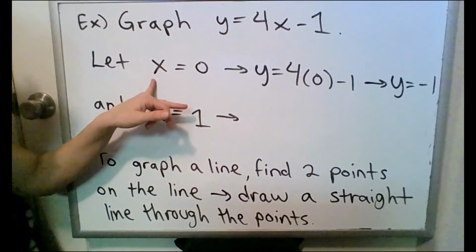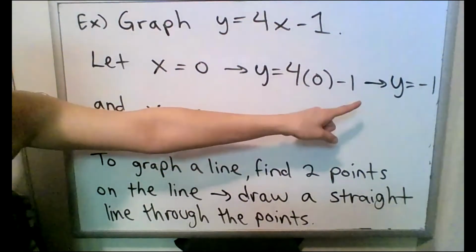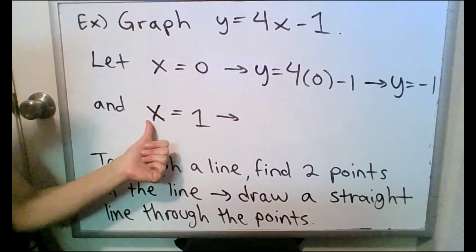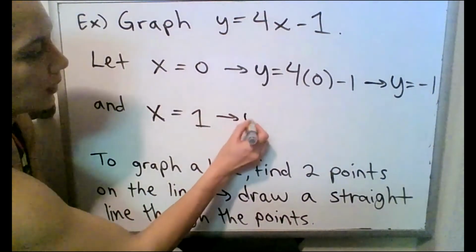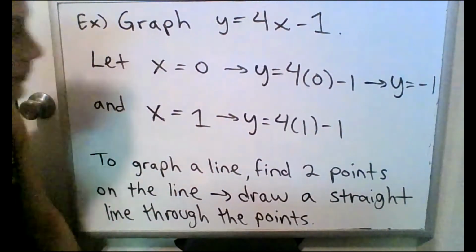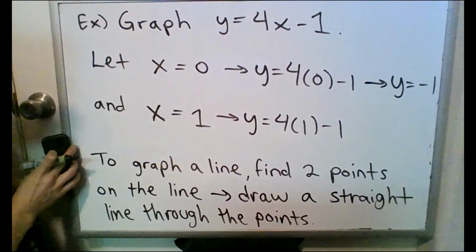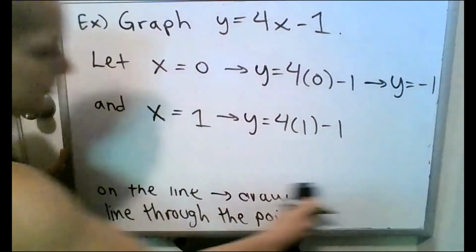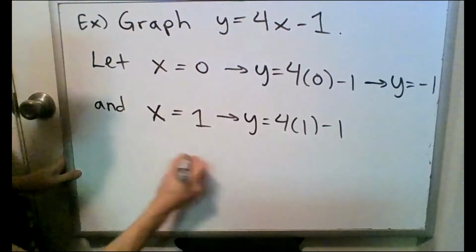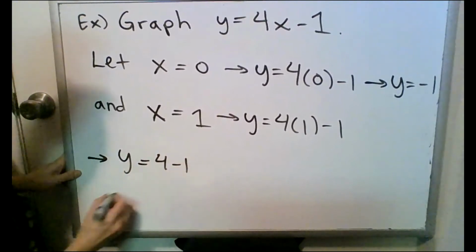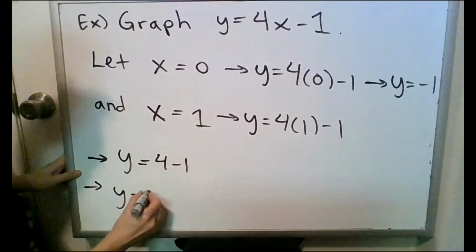We got the point x equal to 0 and y equal to -1. Then there's the point where x equals 1, and you'll have y equal to 4 times 1 minus 1. Okay, y would be equal to 4 minus 1, so y is equal to 3.